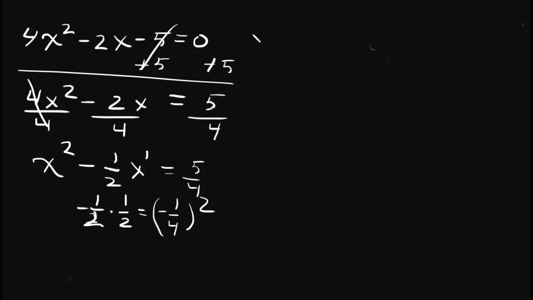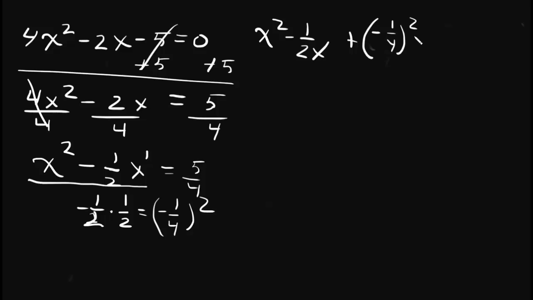Adding it to both sides of the equation will give us x squared minus 1/2 x, which is what we have over here, plus negative 1/4 squared, and that will be equal to 5/4 plus negative 1/4 squared.